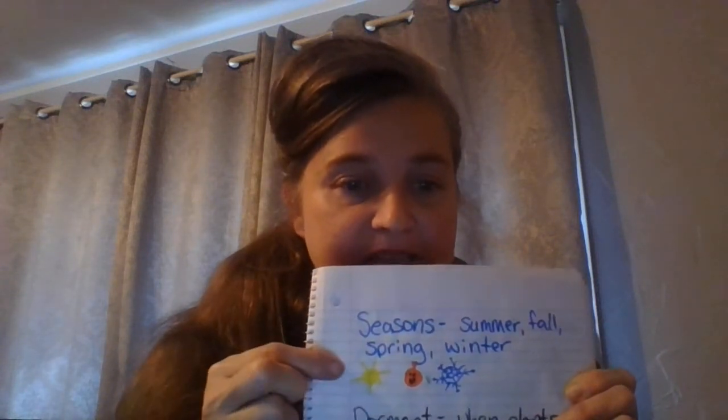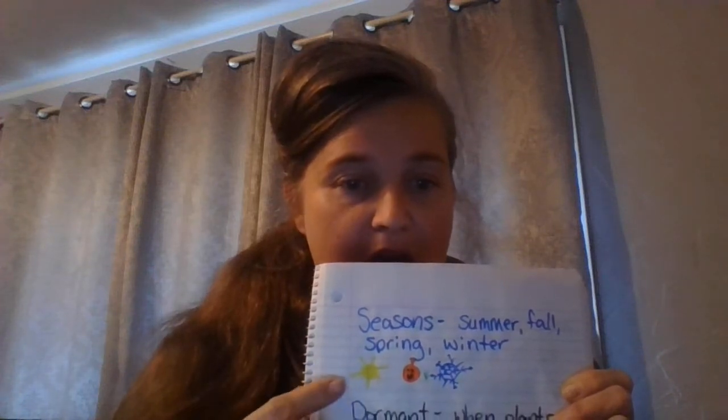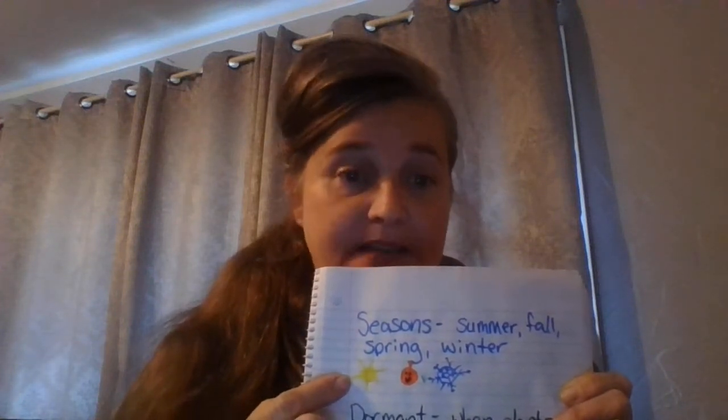And then Mrs. Ake just made little pictures down here to remind me. For summer, I've got a sun because it gets really hot in Kansas. And for fall, I have a pumpkin, a jack-o'-lantern, because everybody here in my world loves jack-o'-lanterns and pumpkin patches and corn mazes.